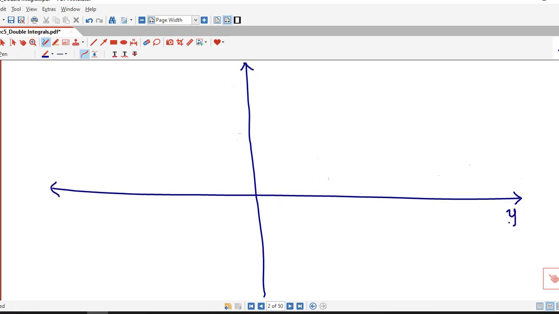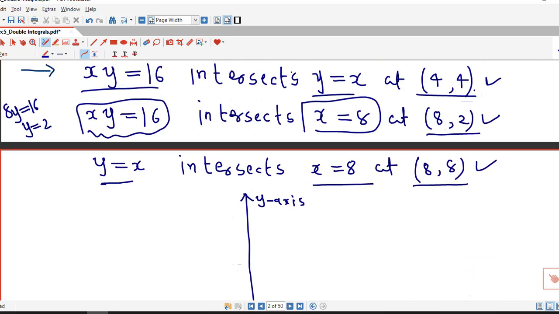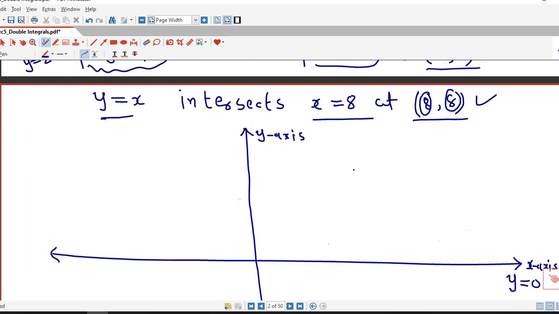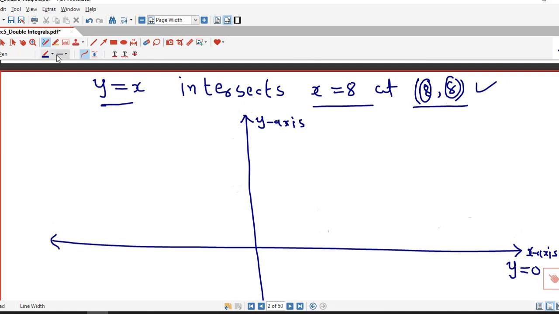This x-axis is the line y equal to 0, this is the y-axis, and the maximum distance on the x-axis is 8 and the maximum distance on the y-axis is 8. Before writing those intersecting points, I sketch the rectangular hyperbola first.